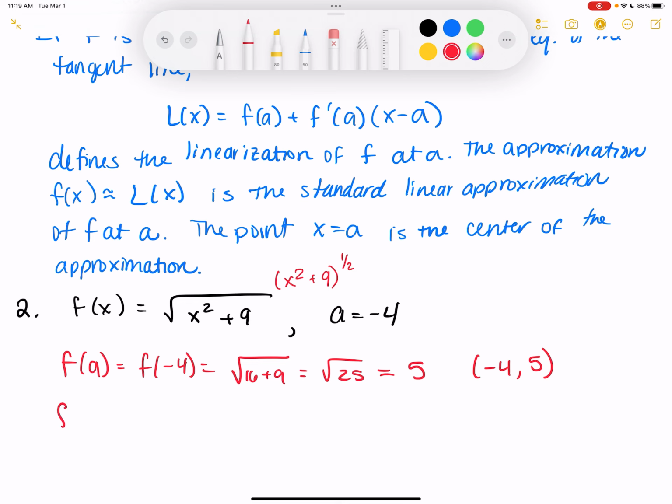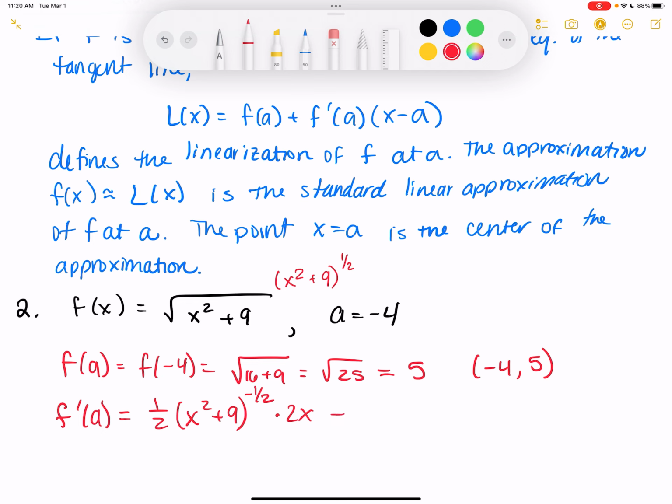Now we need to take the derivative. So f prime of a: I want to take the derivative of this f of x equation first. So what is that? Half times x squared plus 9, to the negative half, times 2x. So that's my derivative.